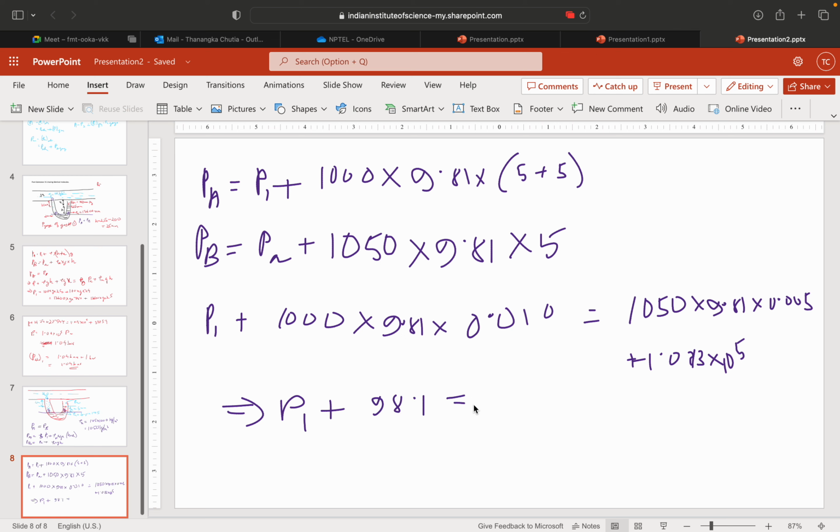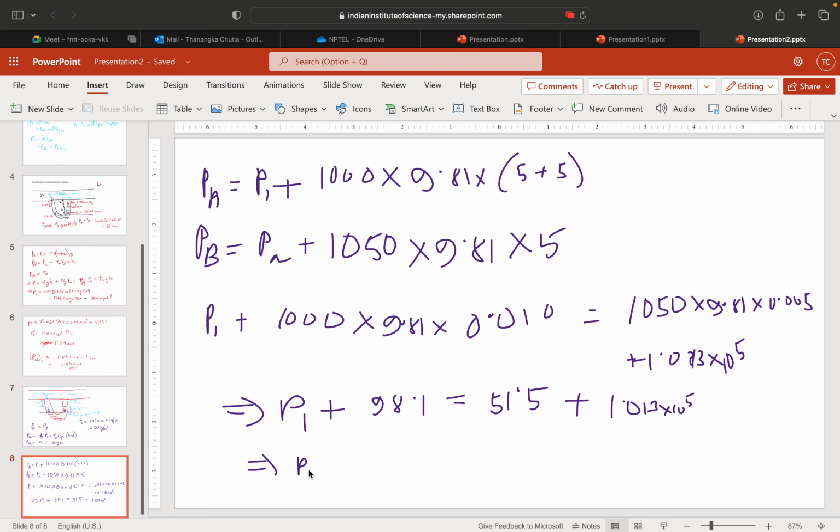Then next is 1050 into 9.81 into 0.005, this is 51.5, and this is 1.013 into 10 to the power 5.